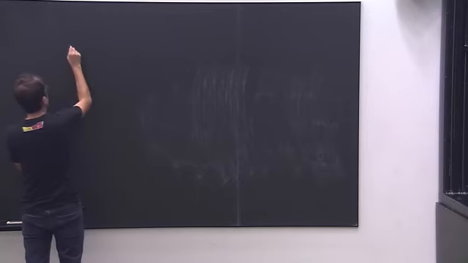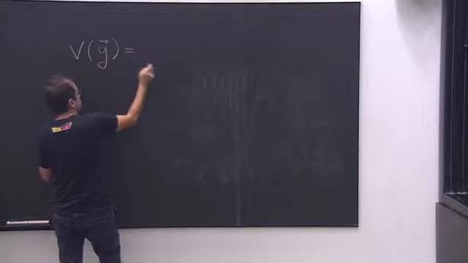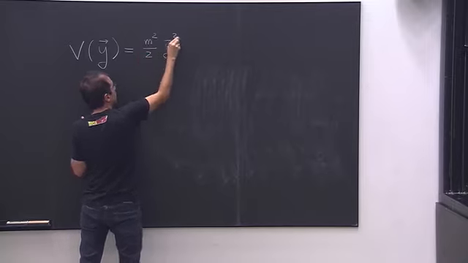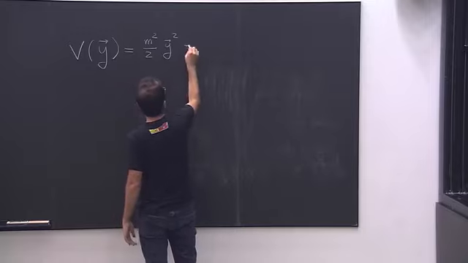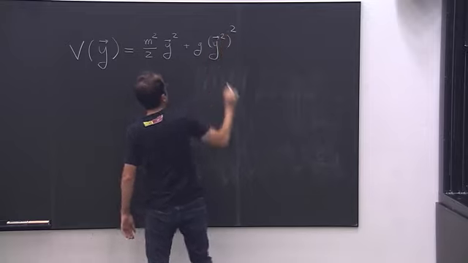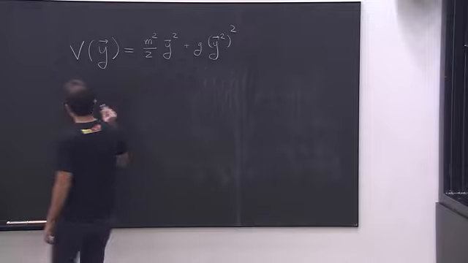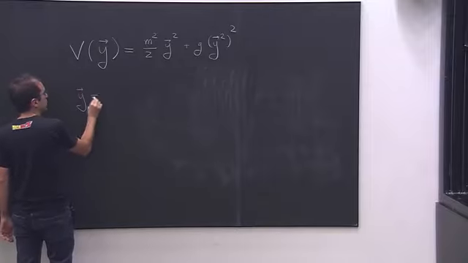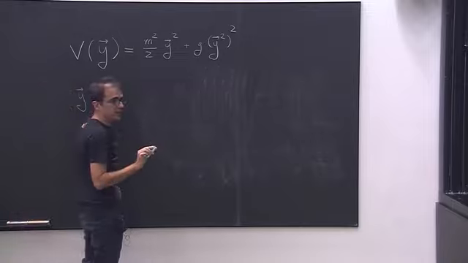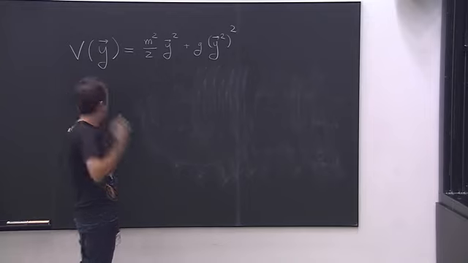Let's do it slowly. Let's say that I have my potential that depends on my vector y, which is m squared over 2 y squared plus g (y squared) squared. And I will pick a vacuum. Let me go to the minimum of this potential that we computed somewhere. At some point, the minimum of this double well potential.